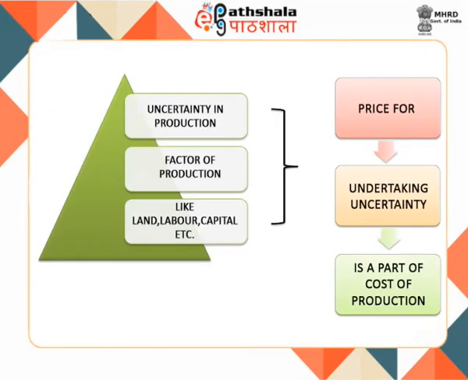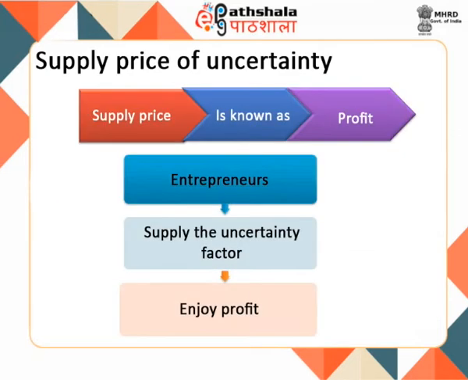According to Knight, uncertainty in production can be thought of as a factor of production like other factors, say land, labor, capital, etc. The price for undertaking this uncertainty is therefore considered as part of the cost of production. Like other factors, there exists a supply price of uncertainty. This supply price is known as profit.